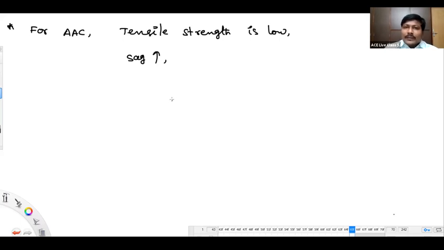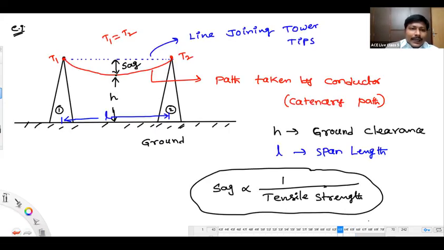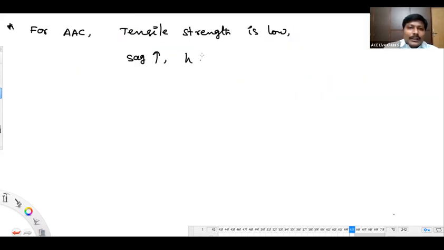If sag is more, in this diagram you can see the conductor is coming close to the ground. So ground clearance will be less, and definitely the safety of the system will be less.